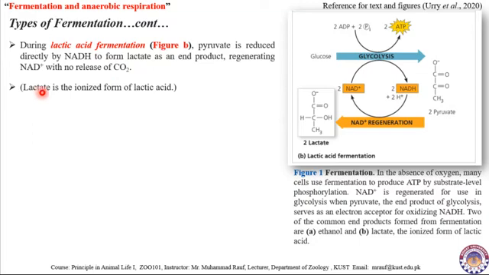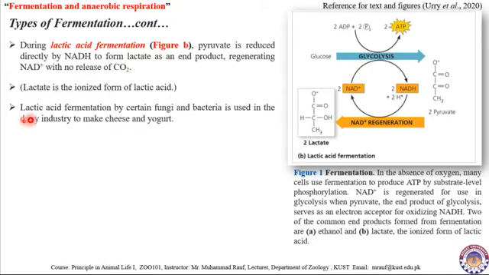Now lactate is the ionized form of lactic acid. Lactic acid fermentation by certain fungi and bacteria is used in the dairy industry, in dairy products, where milk is used to prepare butter, yogurt, cheese, and so on.